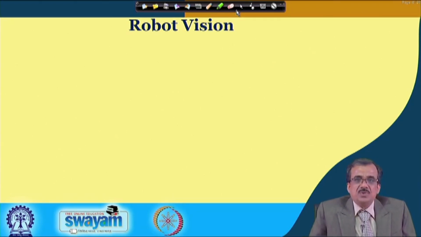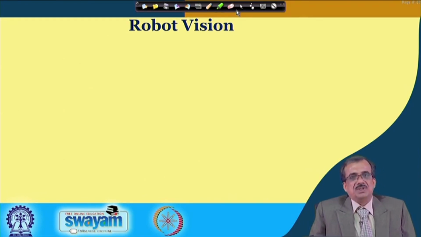Although I am just going to tell you the different steps used in robot vision in short, you need not have proper knowledge of digital image processing or robot vision or computer vision. What I am going to concentrate on is how to use the principle of fuzzy logic and neural network, so that we can design and develop a very efficient computer vision system or robot vision system.